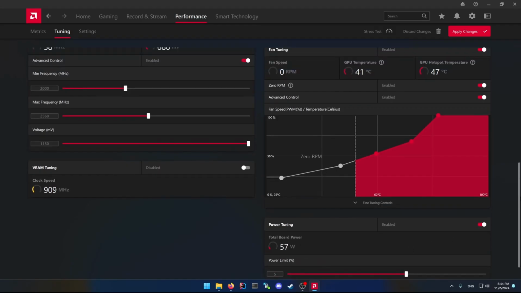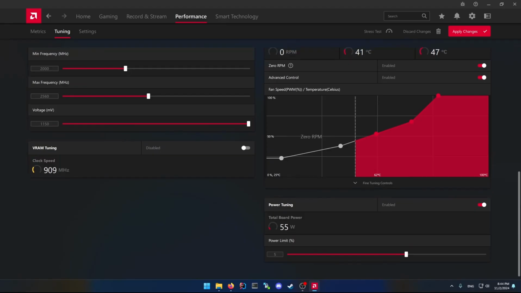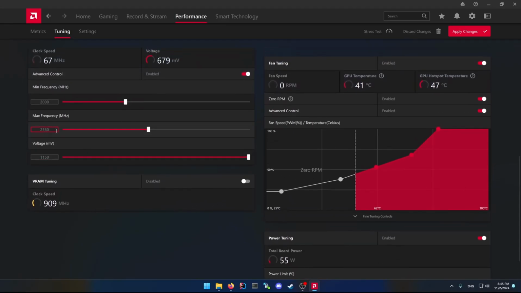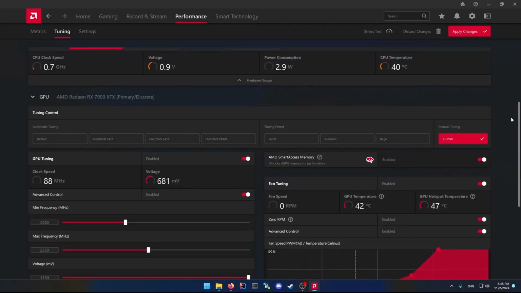Even though I did an undervolt, I just wanted to make sure that during those peak times of having the GPU stressed out, it would have plenty of energy to use. Anyway, so that was it.